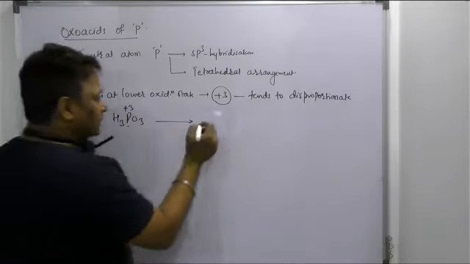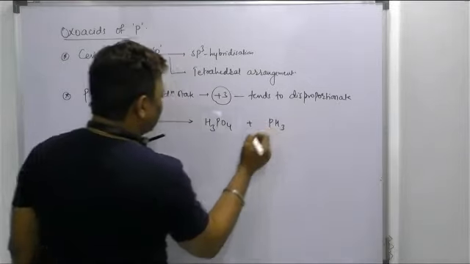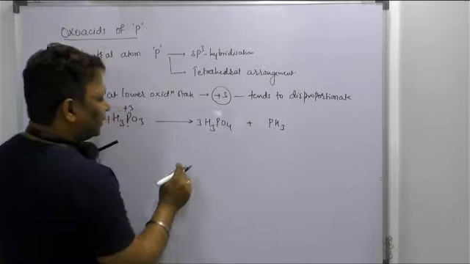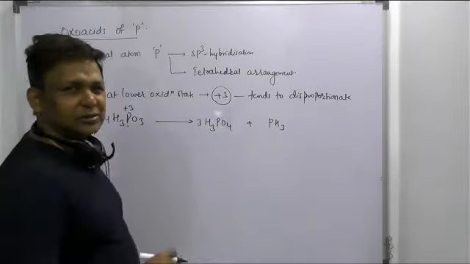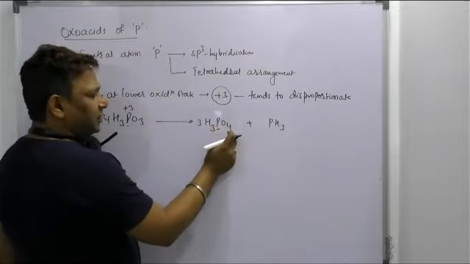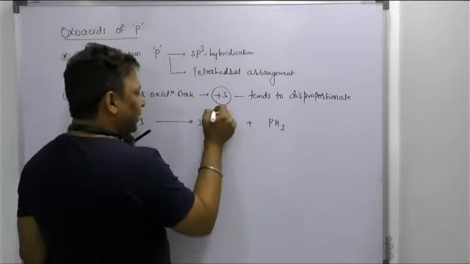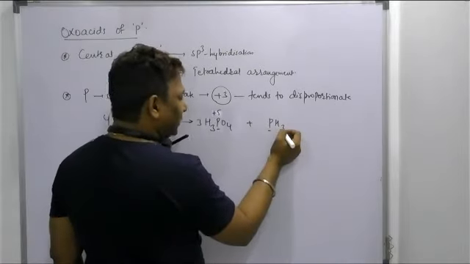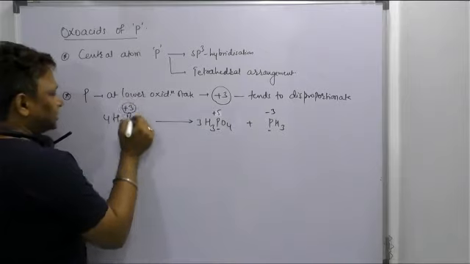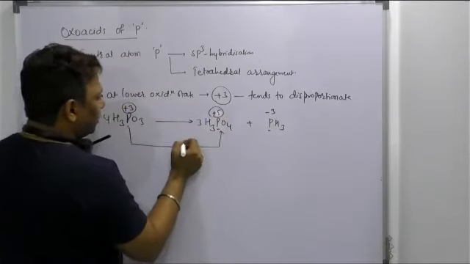It will disproportionate into a higher oxidation state as well as a lower oxidation state. 4 into 3, 12: H3 is 3, 3 into 2, 6, 9, and 9 plus 3 is 12. But the oxidation state of phosphorus: 4 into 2, 8, minus 8 plus 3, minus 5, becomes +5, and here +1 into 3 plus 3 becomes -3. See, the higher oxidation state will undergo, this lower oxidation state will undergo oxidation.